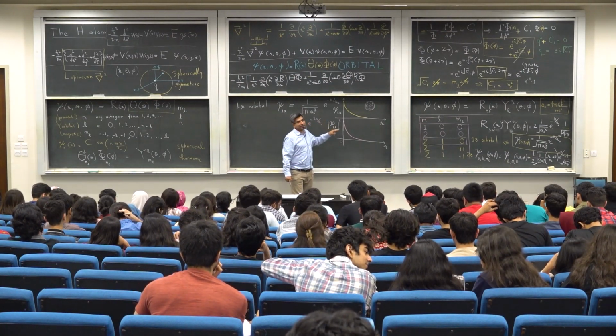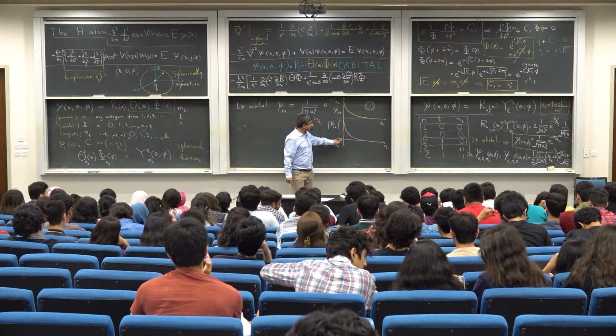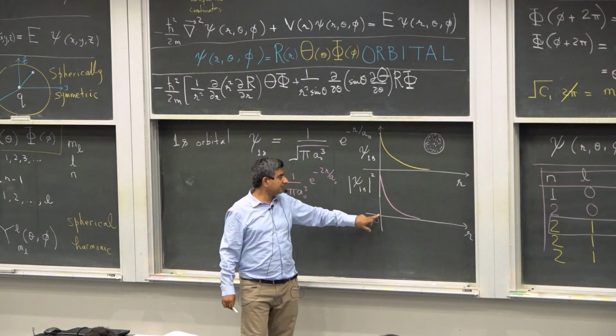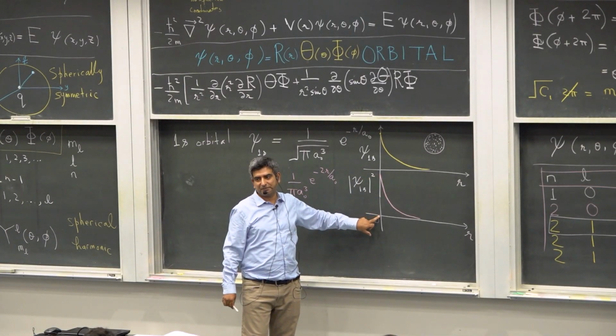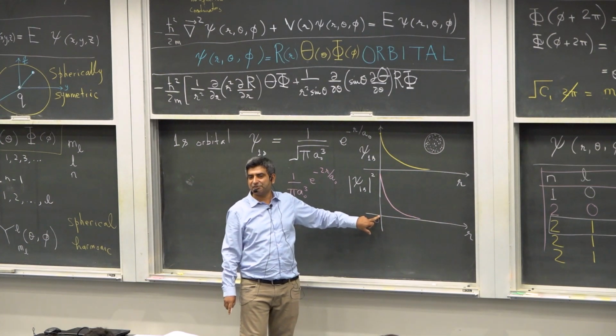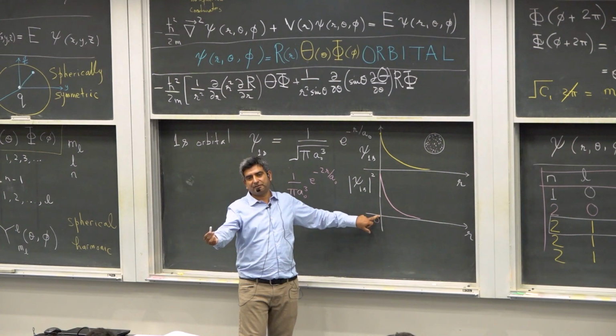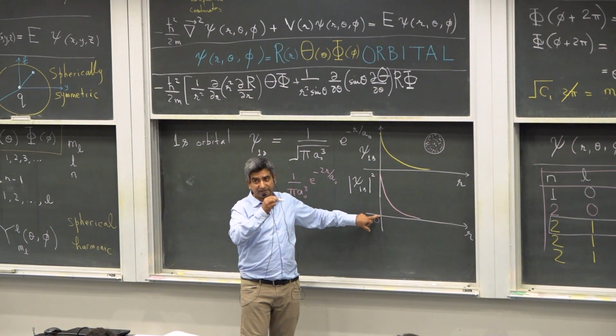Because this doesn't look right. This is going to show us that the probability is maximum at the nucleus, but that's never the case. So I owe you an explanation for that. Probably in the next lecture I'll explain that because this deserves attention.